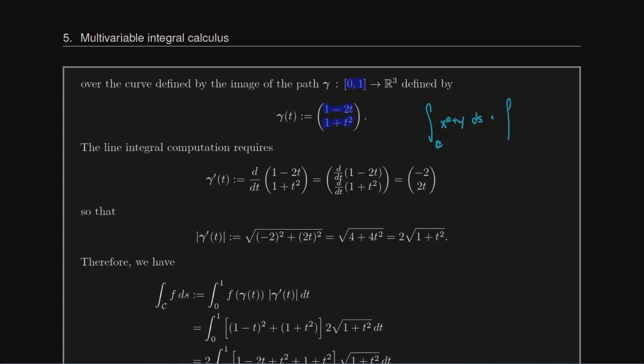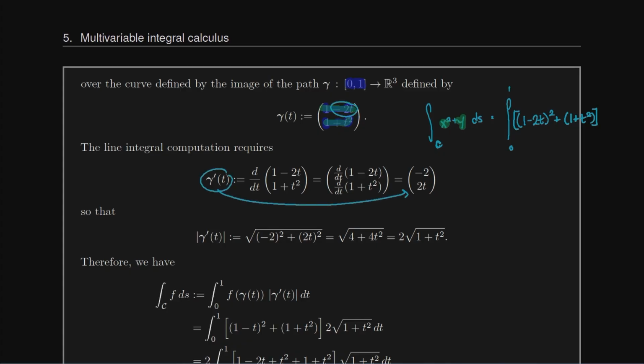And so when I write this down, from 0 to 1, there's my t minimum to my t maximum. We're going to evaluate x on gamma's x output, so that'll be 1 minus 2t squared, and we're going to evaluate y on gamma's y output, so plus 1 plus t squared, and that term will multiply by the magnitude of the derivative of gamma, and the derivative is pretty easy to compute here.